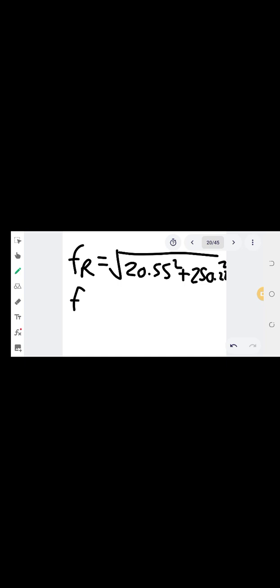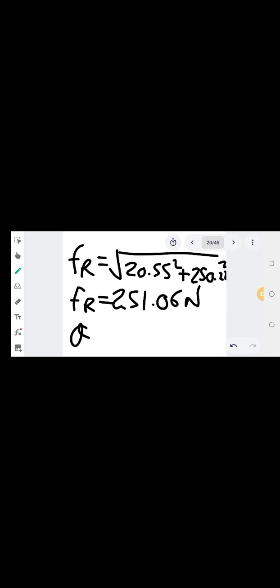So then our resultant force is equal to the square root of 20.55 squared plus 250.22 squared, so we are getting 251.06 newtons. So this is the answer that we are getting.